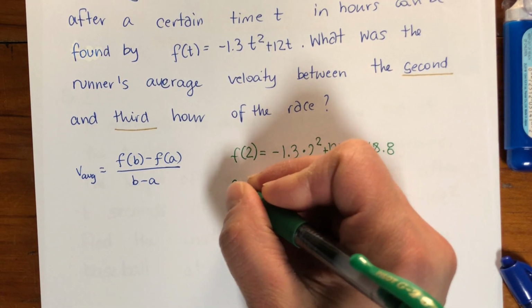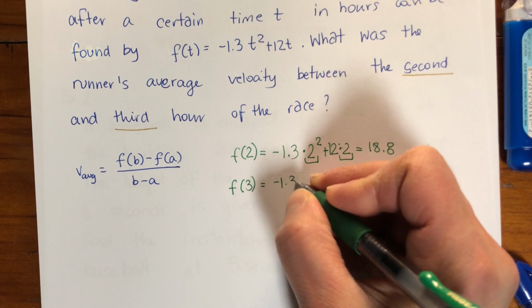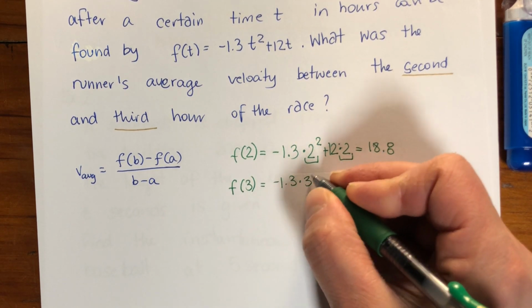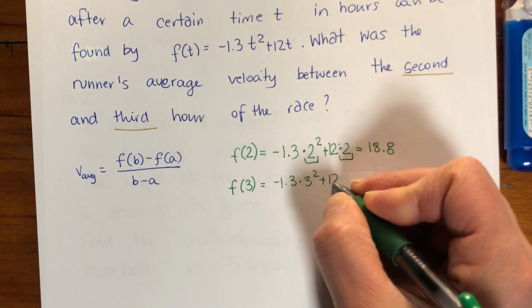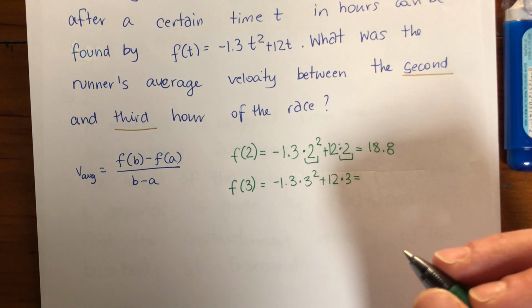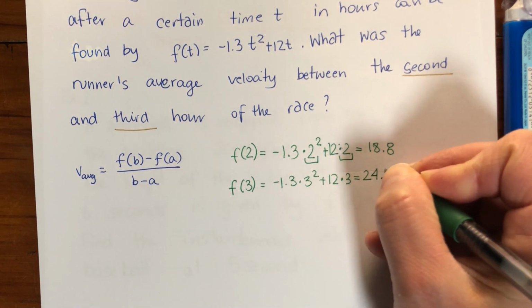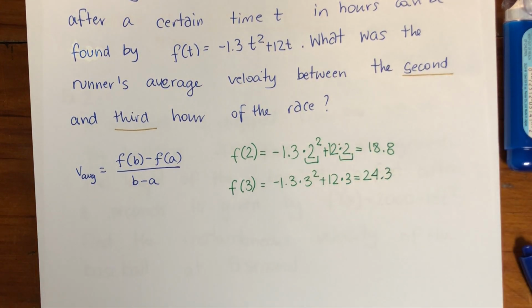Let's see what happens when we do the third hour. So negative 1.3 times 3 to the power of 2 plus 12 times 3 is equal to, and I already did this one as well, and it was 24.3. All right.